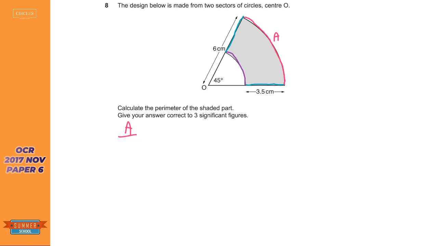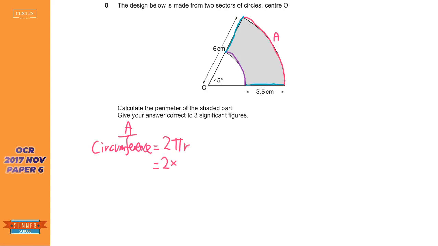So we know that circumference, which I'm just going to call C from now on, equals 2 pi r, or pi d, but here we don't have a diameter.